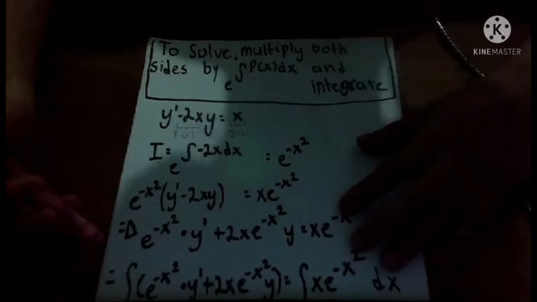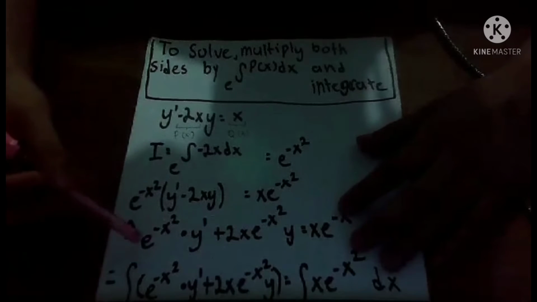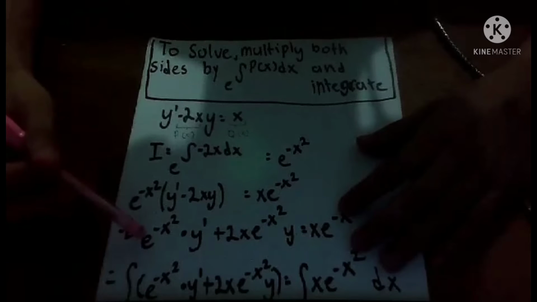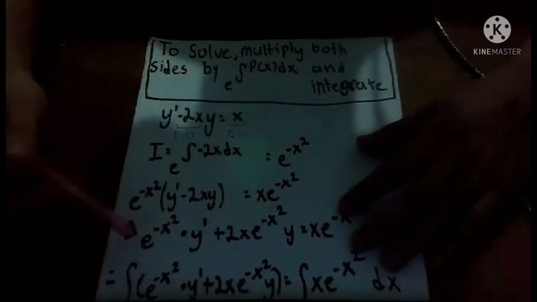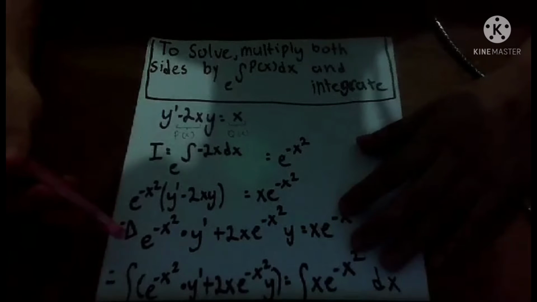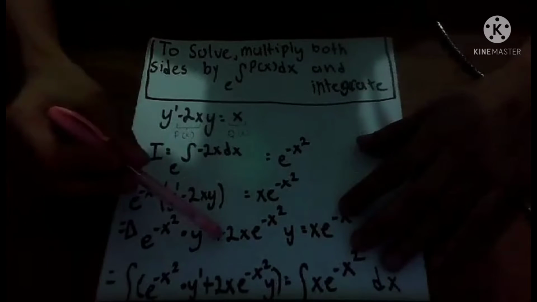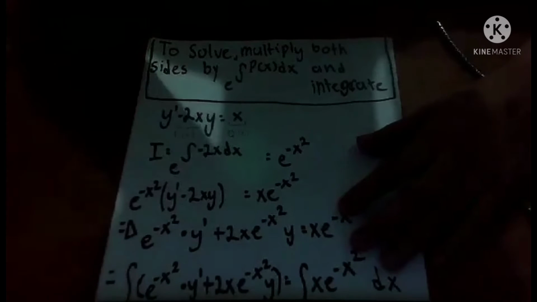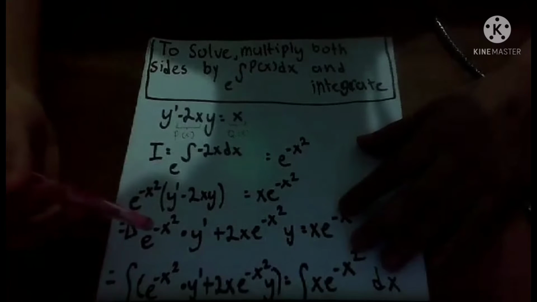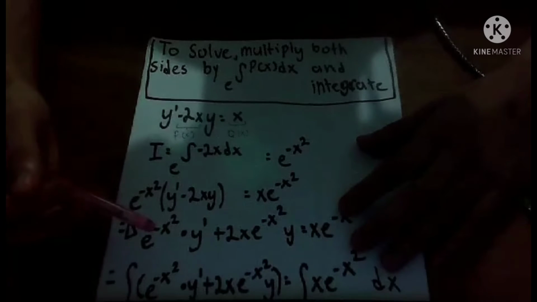Then we will get e raised to negative x squared times y prime plus 2x e raised to negative x squared y, and the right side will be x times e to the negative x squared.